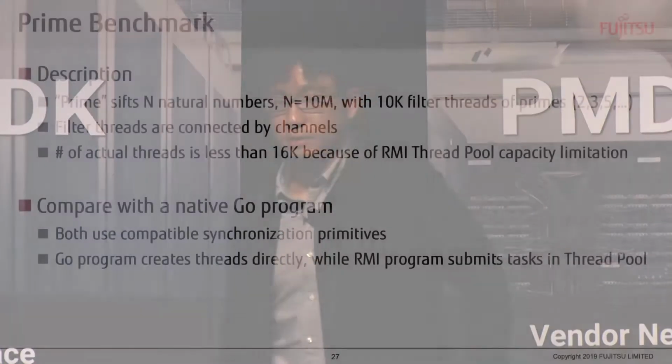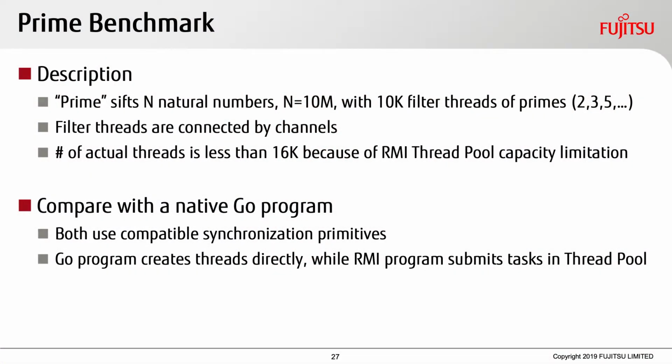This graph depicts the performance of a prime benchmark with RMI and Go implementation. X-axis of the graph is number of cores, and y-axis is execution time. Lower is better. The left graph shows that execution time of RMI is always faster than Go implementation. The right figure depicts the speed-up ratio to know the scalability of two implementations.